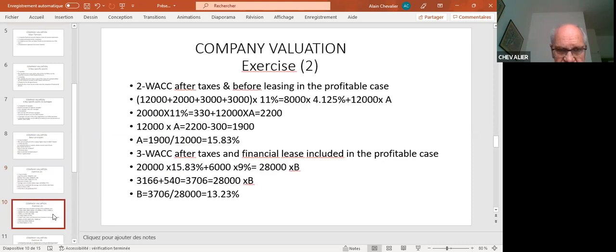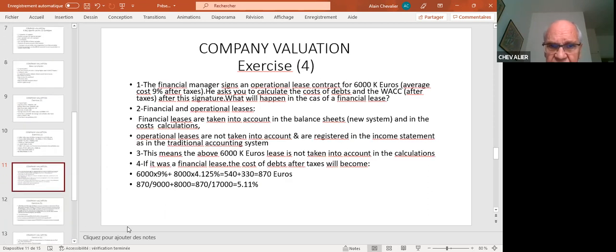Calculation of cost of debt, calculation after taxes, before leasing, profitable case, non-profitable case, and you do the same with the financial lease included, with discussion on what kind of lease can be included in that calculation. And after that, we have the comparison of a case with an operational lease and a financial lease, and the impact of these two situations.